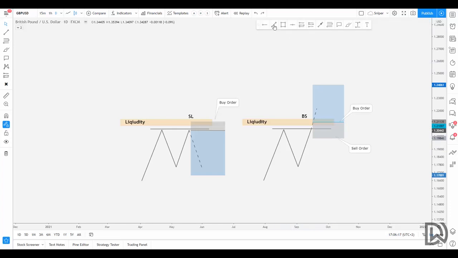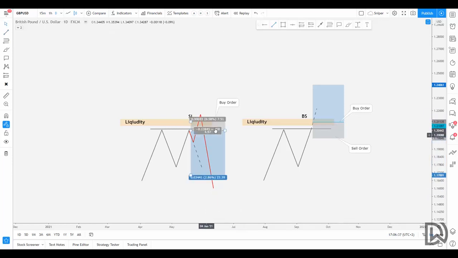But what actually happened, and what we actually see happening, is that price tricks, goes down a bit, and then we have a stop hunt or manipulation, and then price continues to the downside.